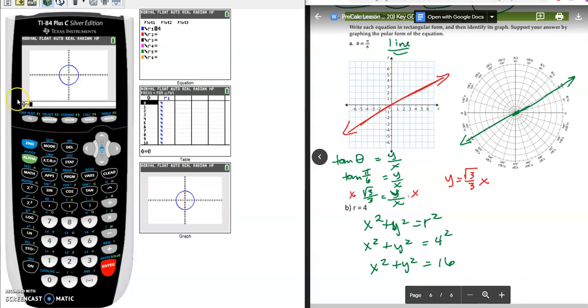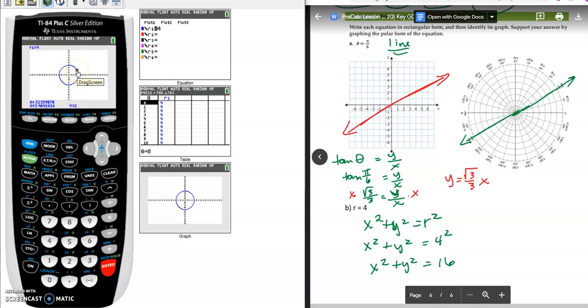It lets me choose what I want for theta, which in part A of that example was pi over 6. So we're going to hit pi divided by 6 and hit enter.